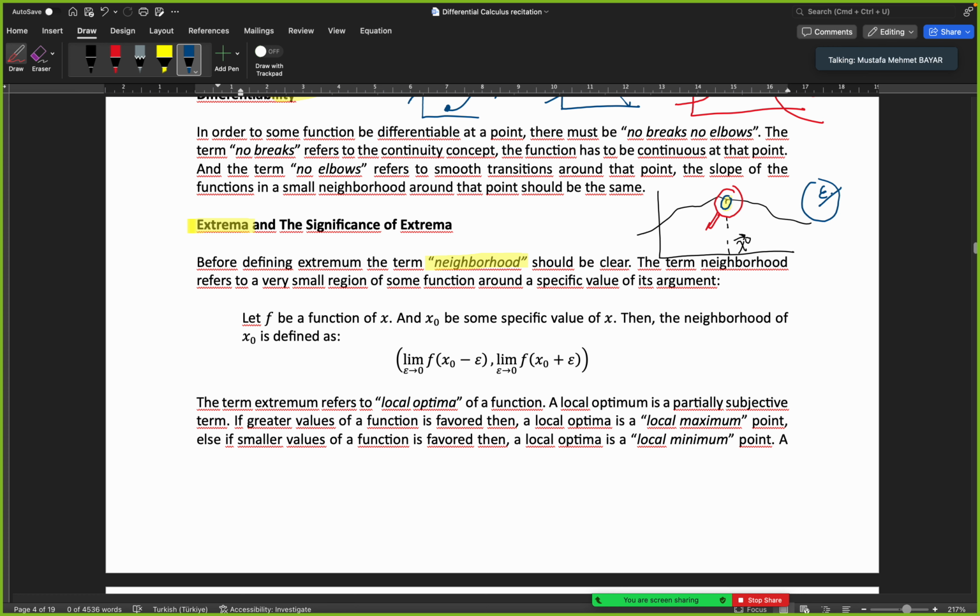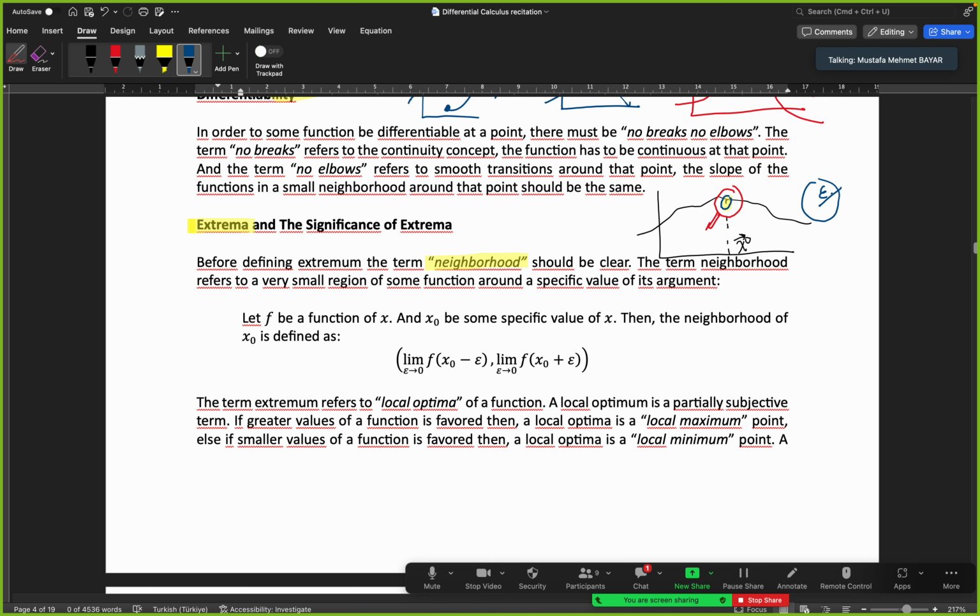And this is called the neighborhood of x0. When this epsilon goes to 0, you get the neighborhood around the values around x0. So that's the neighborhood, the small region of that function around x0. Is the concept neighborhood clear now? I hope so. Let me just continue.